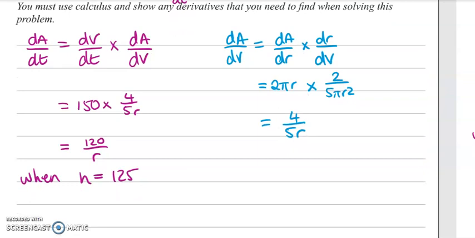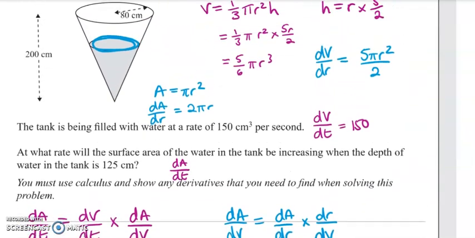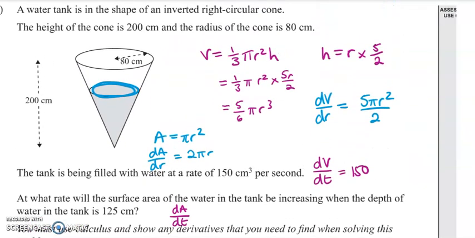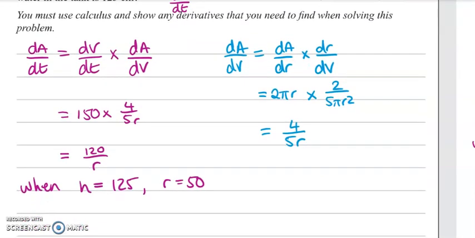So when the height of that water is 125, r will equal 50. Now where do I get that 50 from? That was back up here, remember when we were working out a link between h and r, so h is r times 5 over 2. So for h to be 125, r must be 50, and that gives our rate as 2.4 if you substitute into 120 divided by 50.